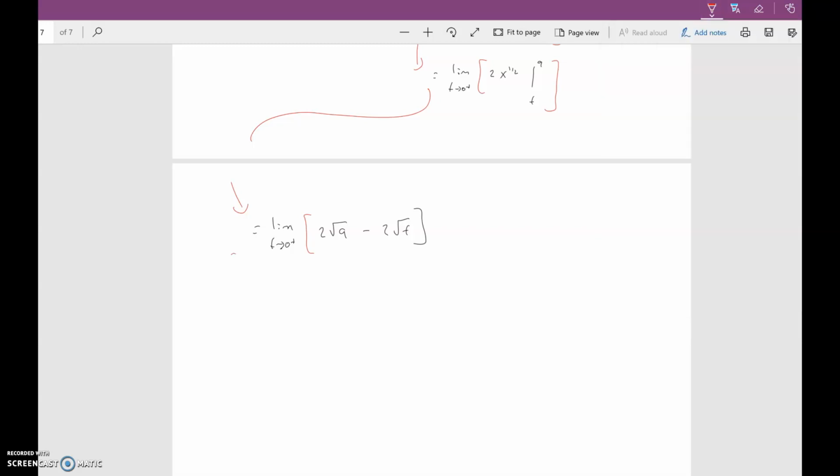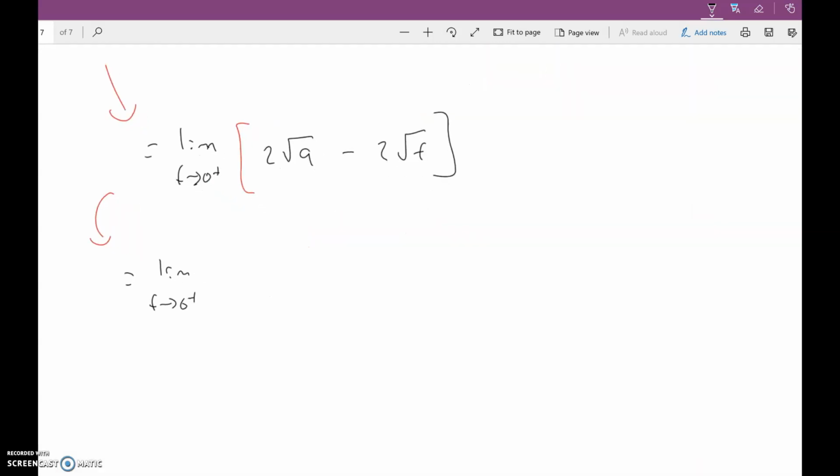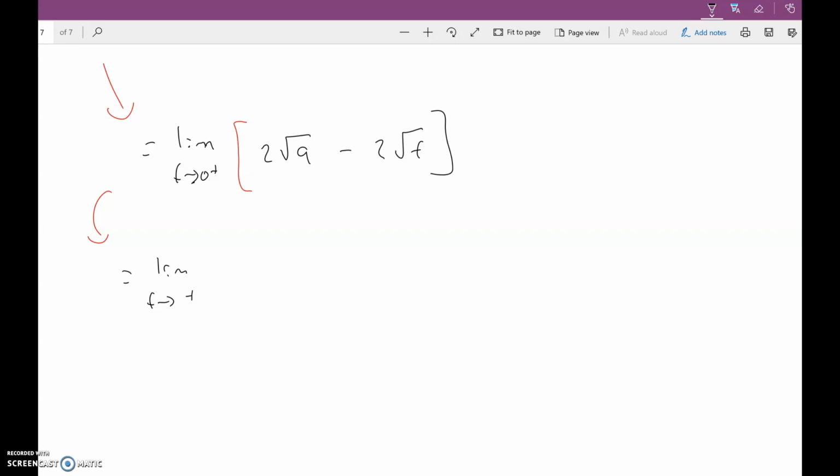So this is equivalent to the limit as t approaches 0 from the positives of 2 times 3, that's just a constant, minus the limit as t approaches 0 from the positives of 2 square root of t.